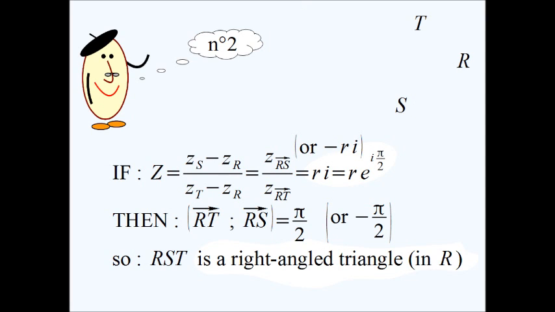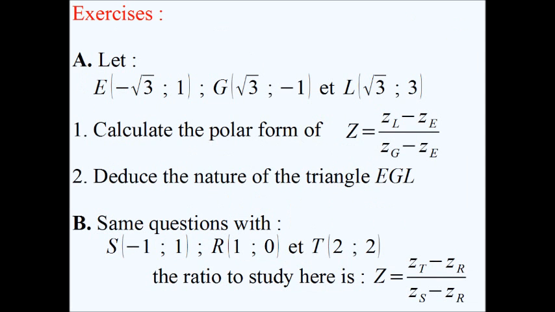The second, to prove a triangle is right-angled: you see that the ratio equals r times i, or negative r times i. That gives an argument of pi over 2 or negative pi over 2. Two exercises to find the nature of the triangle.